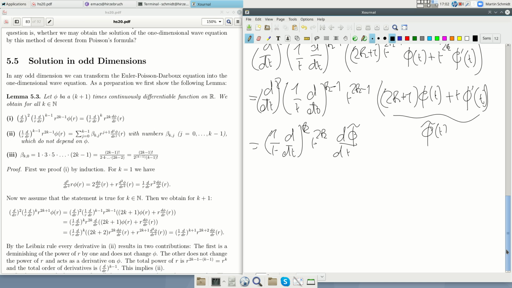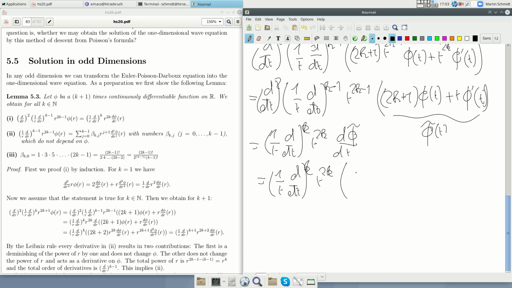Okay, now let's calculate the derivative of phi tilde. Then we have 1 over r d by dr to the power of k, r to the power 2k. When we take the derivative, we have here the derivative of this function.